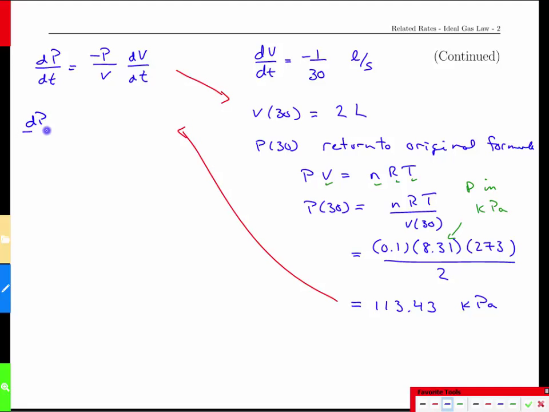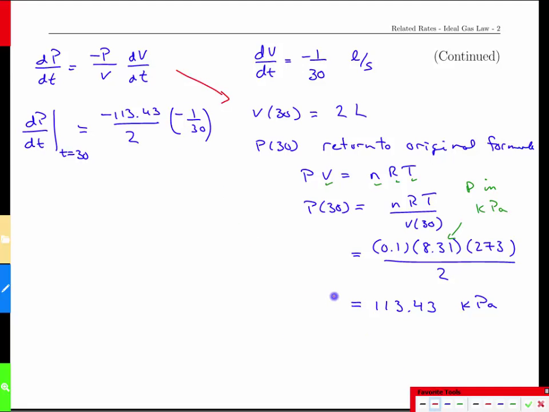And the way we often write this is the derivative, rather than putting a bracket in here, often it's written with this vertical bar, which is a little more transparent. It says explicitly we're plugging in a value. And when we have that, we're going to have -113.43 over the volume, which is 2 liters, and dV/dt was our -1/30. There we are.